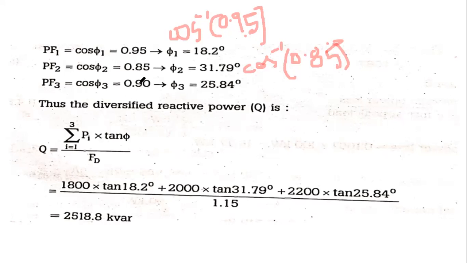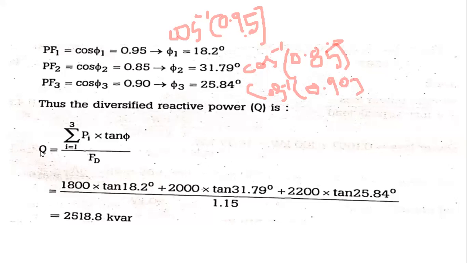Next, phi 3 is equal to cos inverse of 0.90. These are the values for phi 1, phi 2 and phi 3.